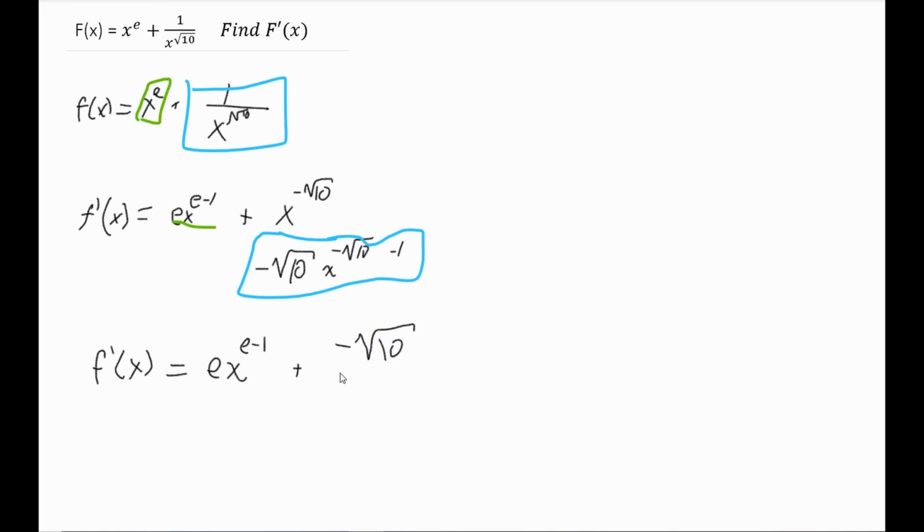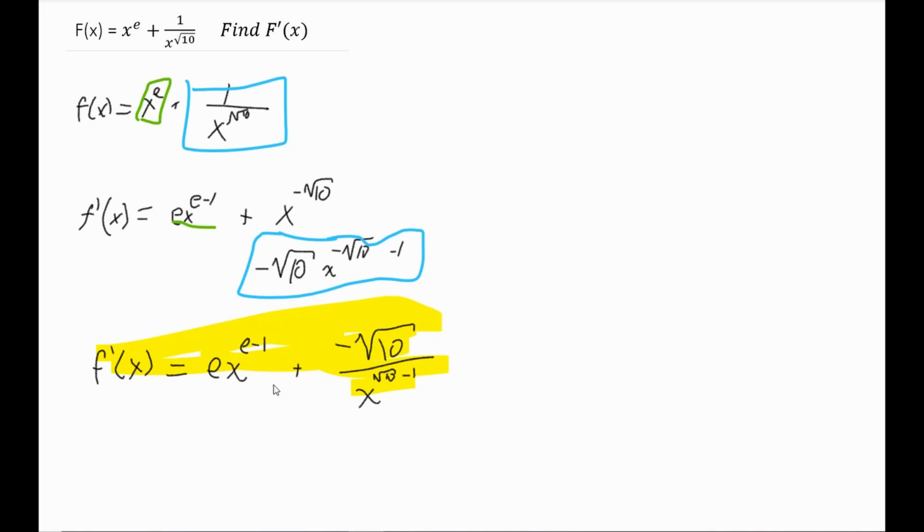And we're going to move this x to the bottom because we do have a negative here. So then we're going to get x to the square root 10 minus 1. Okay? And that's our answer.